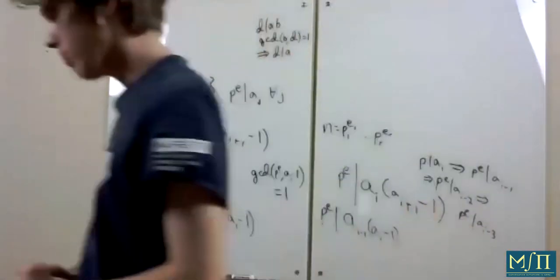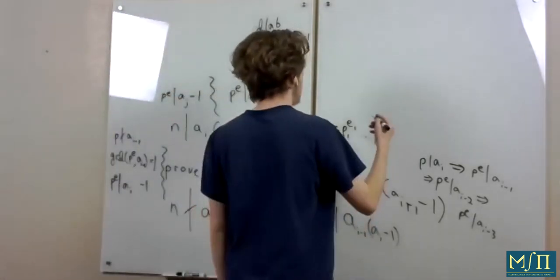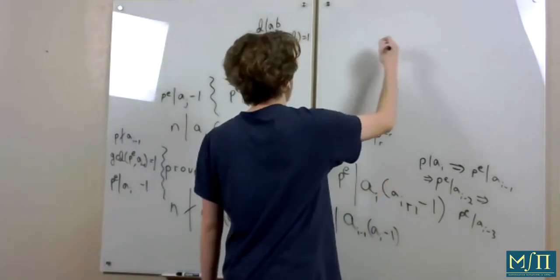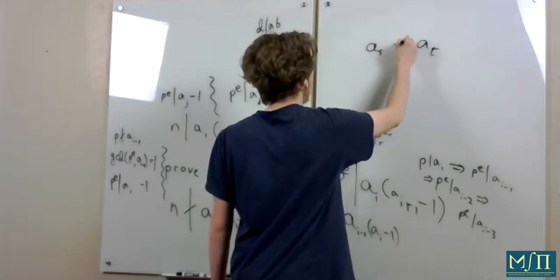I'm not being very rigorous about it. If you wanted to formalize this, you don't really need to cite the Chinese remainder theorem, at least not for this version of what we want to do. You can just say, take any s and any t between 1 and k. Now consider these numbers a_s and a_t. What is their difference?